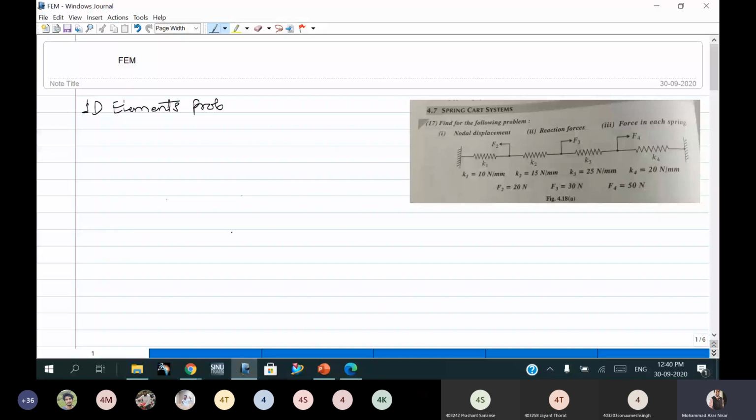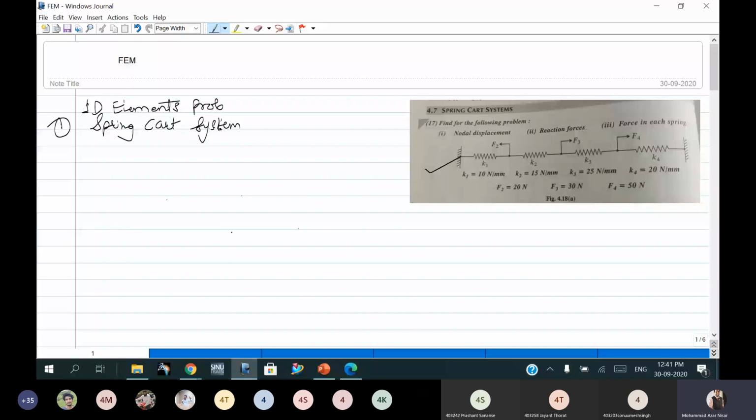In that, we are covering the spring problem first. You can see a problem here. There are four springs and forces acting over them at F2, F3, F4.